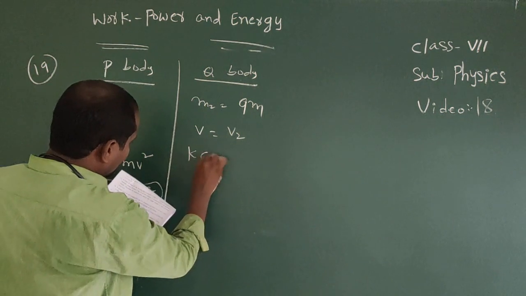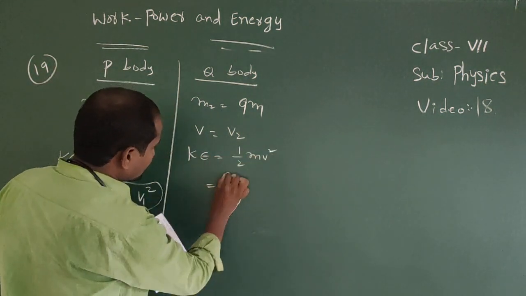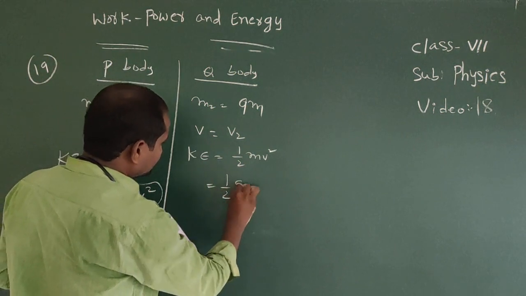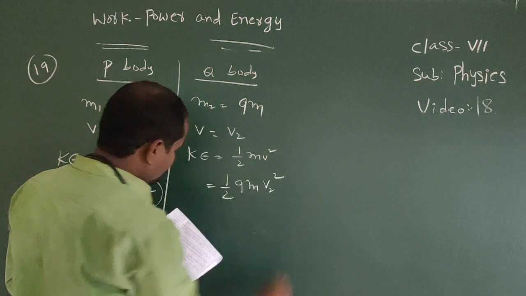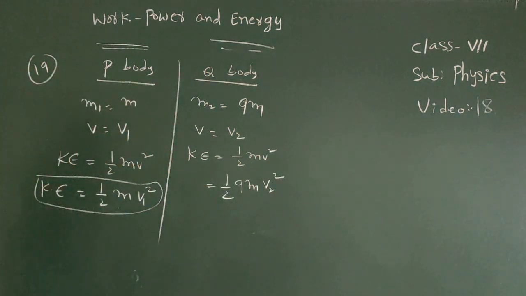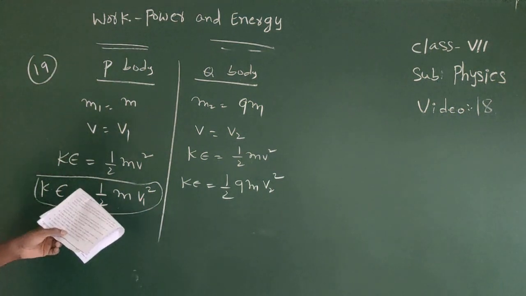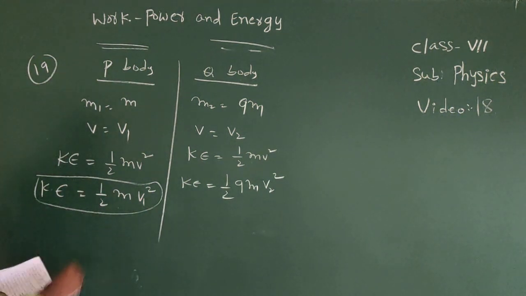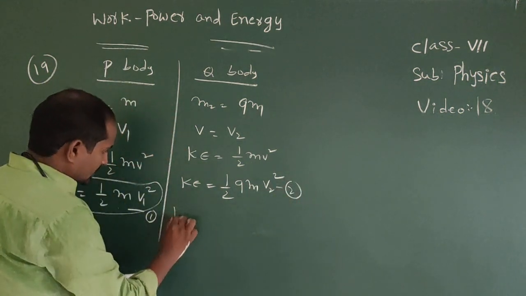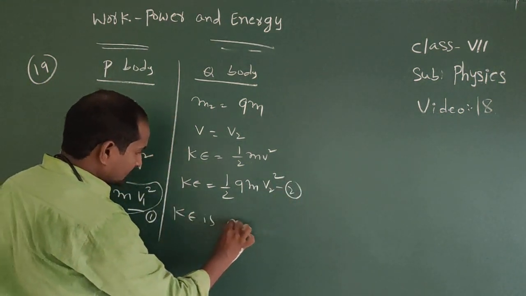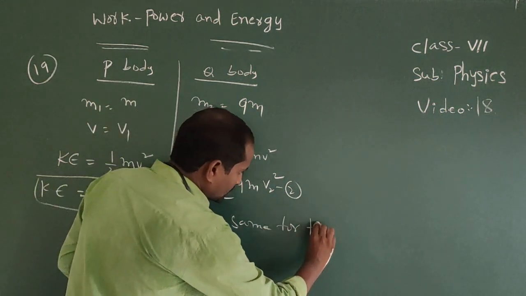So kinetic energy equal to half into M into V square, so half into 9m into V2 square. It is K. But the kinetic energy is the same in case 1 and equation number 2. So K is the same for the two bodies.